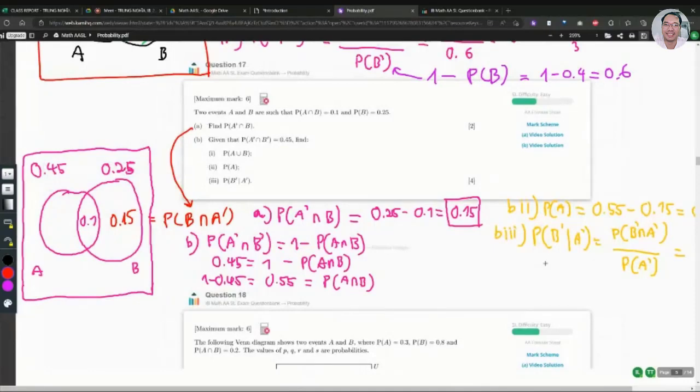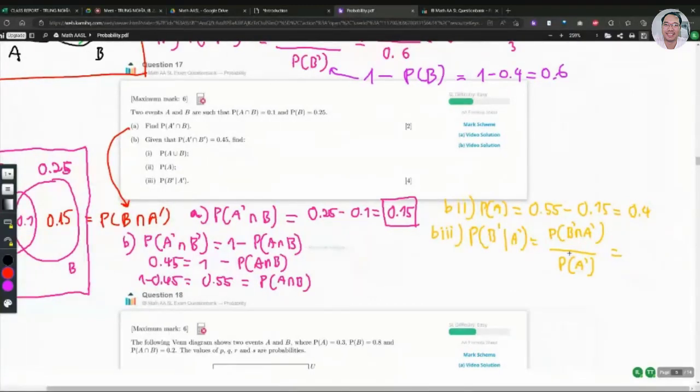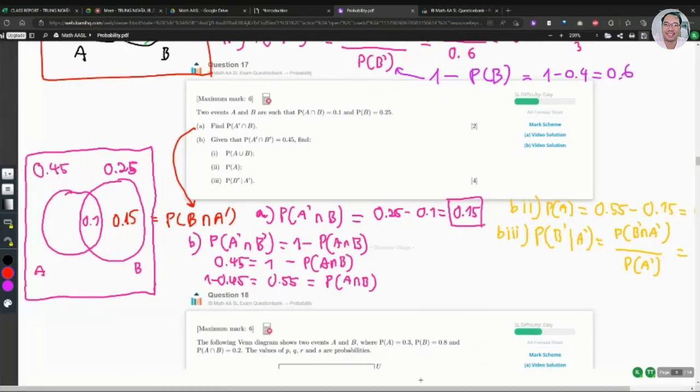So we have to calculate the probability of not A at the bottom, which is 1 minus the probability of A. Probability of A is 0.4, and therefore the probability of not A is 0.6. That is the bottom, 0.6. Not B and not A is the outside part, which was already given, 0.45.